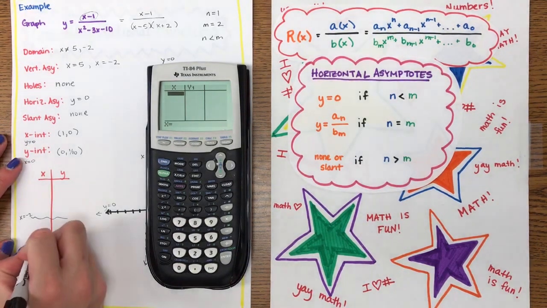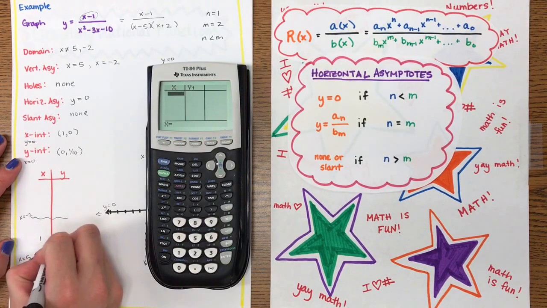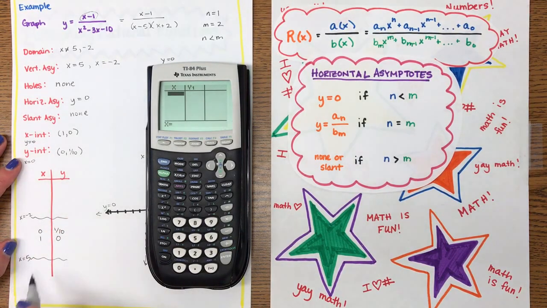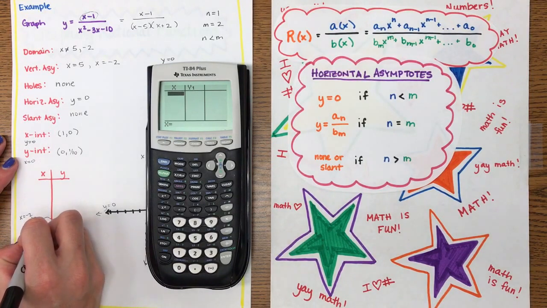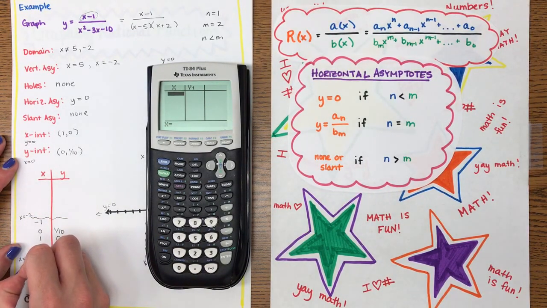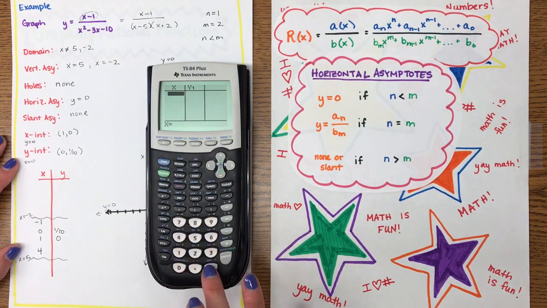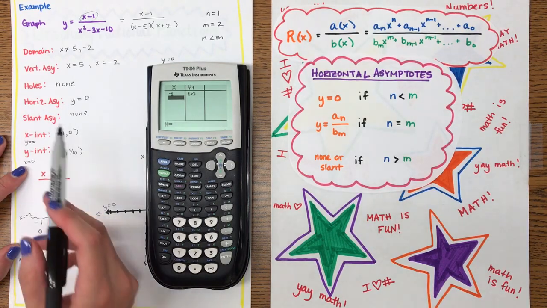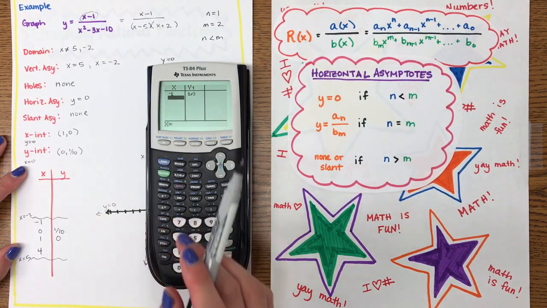All right, so 1, 0 is going to be somewhere in here, and 0, 1/10 is also going to be in this middle region. But I feel like I need more points than that. So I also want to go with -1 and 4 in here. If x is -1, y is 1/3.